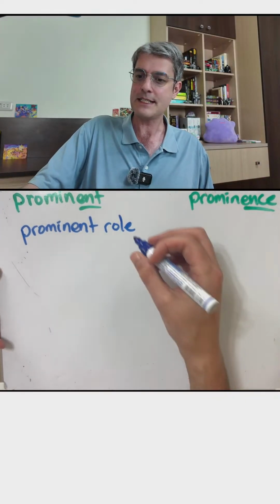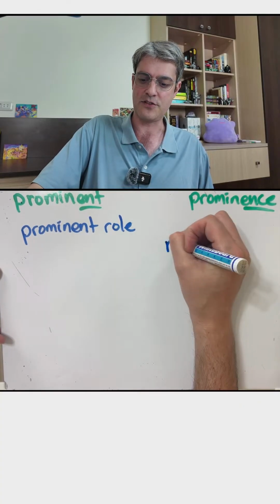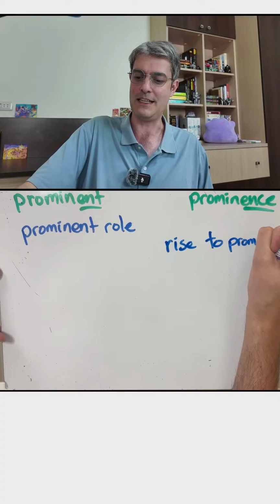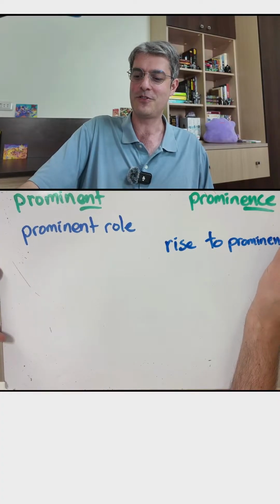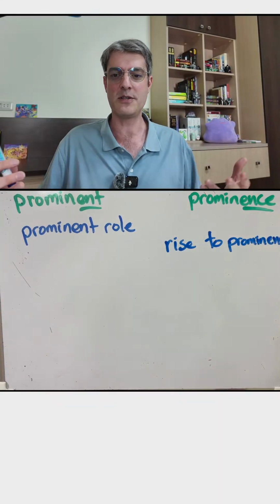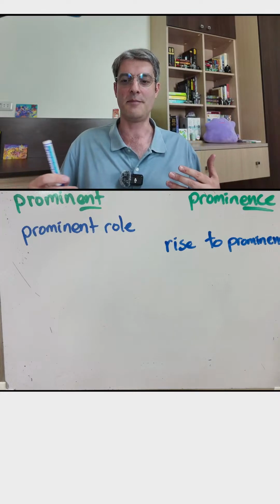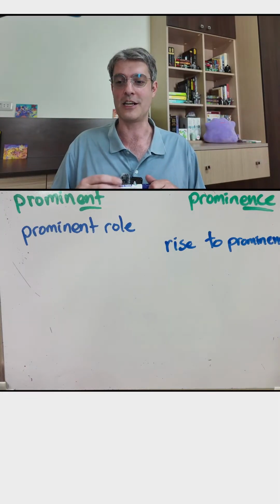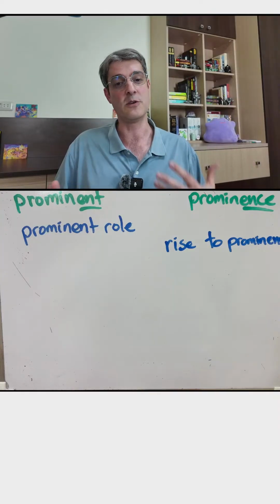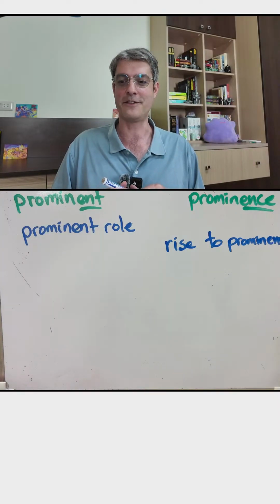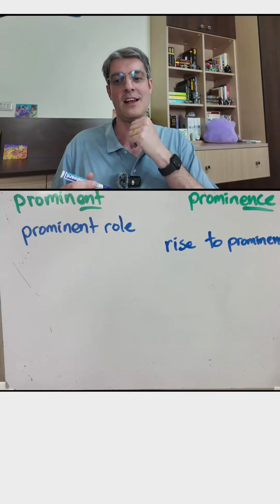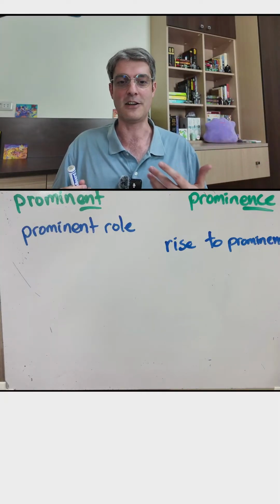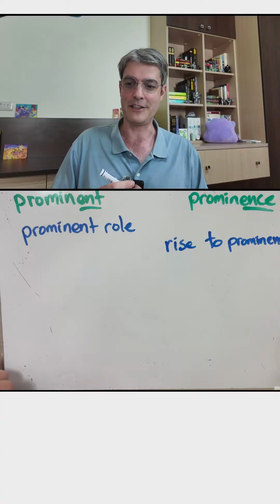And then prominence, we have a couple useful ones. We got to rise to prominence. So to rise to prominence is when a person or an idea becomes widely known or popular or influential. You could talk about a politician rising to prominence after a really good speech, or a company rising to prominence because they're able to do better than their competitors.